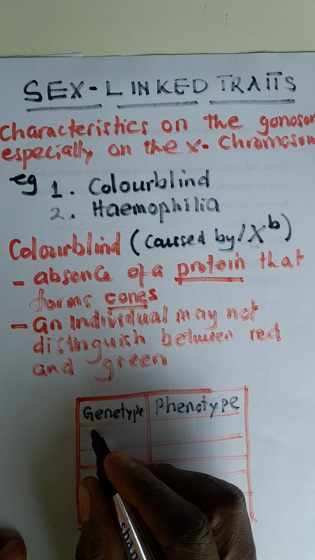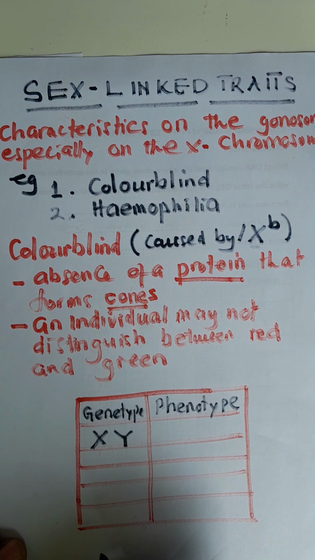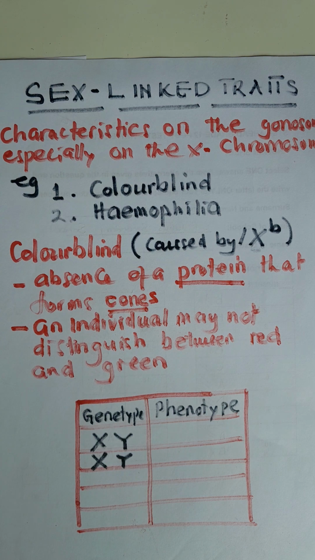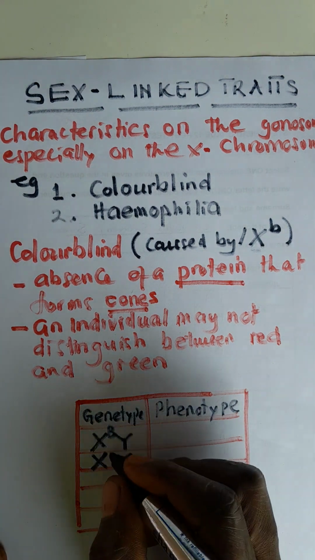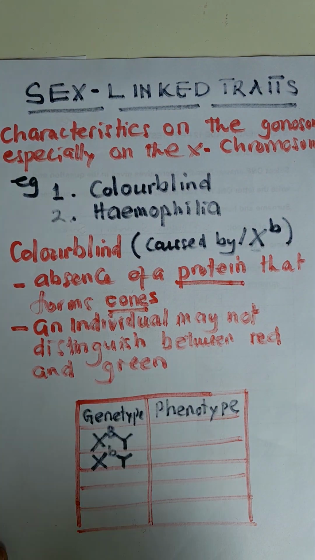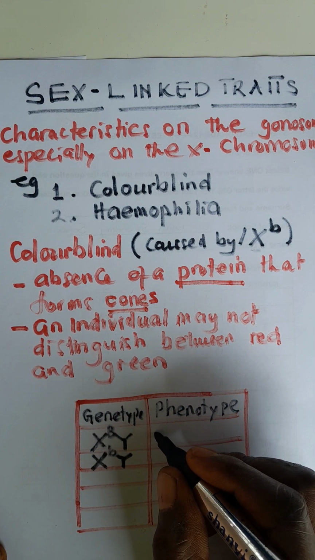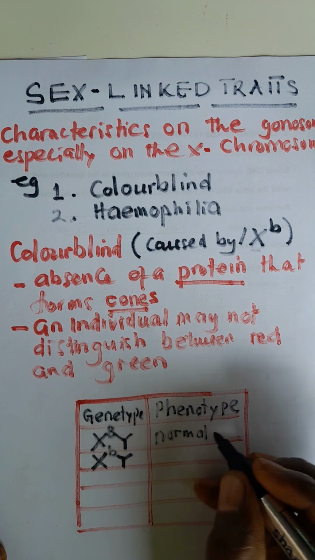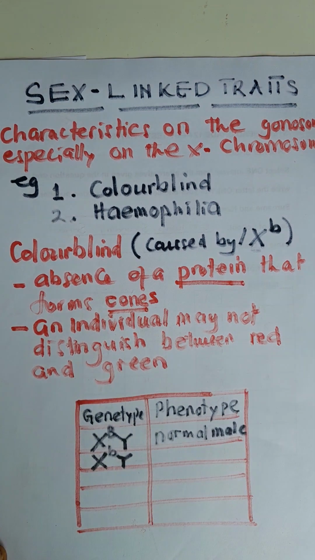Remember that males are XY, right? So meaning that males, the genotype can be this or can be this. When a male is represented like that, it means this one is normal. It's a normal male.